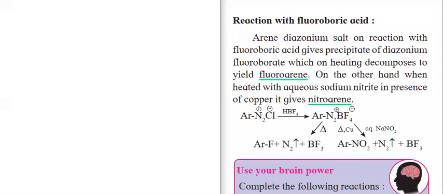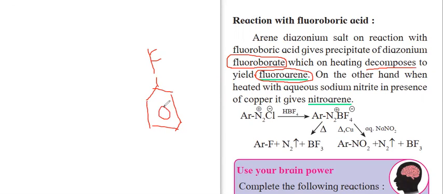Now see, arene diazonium salts on reaction with fluoroboric acid give a precipitate of diazonium fluoroborate, which on heating decomposes and yields a fluoroarene. It yields a fluoroarene, meaning an aromatic ring to which fluorine is attached.